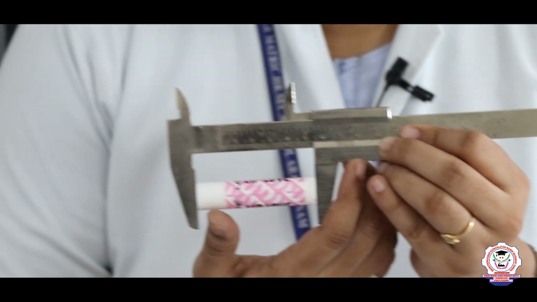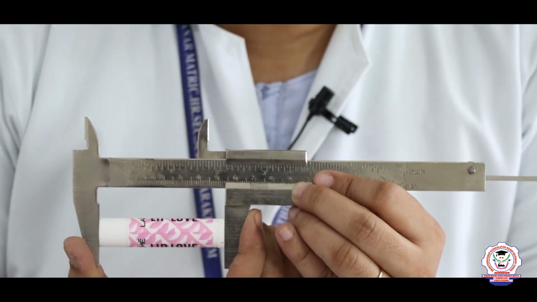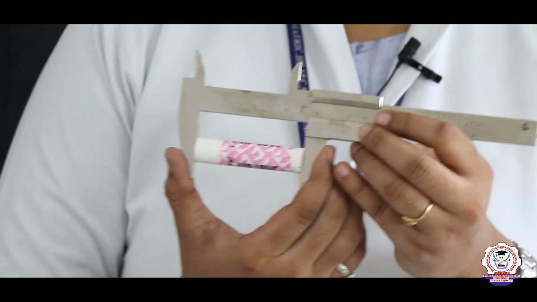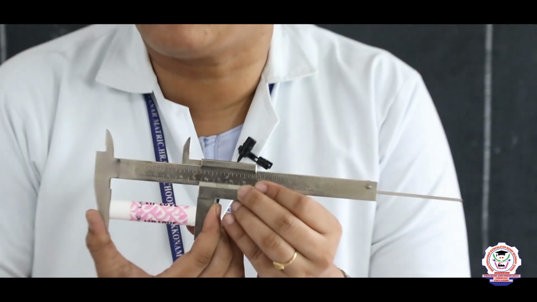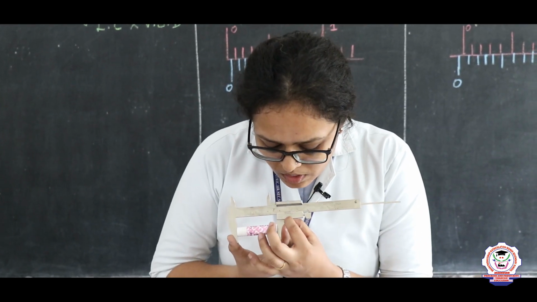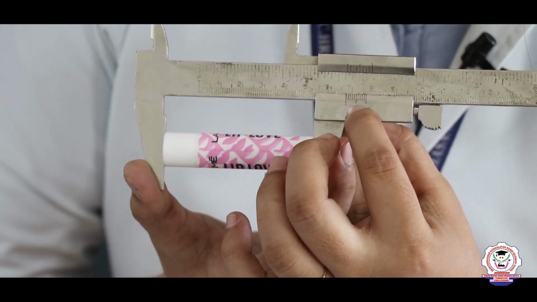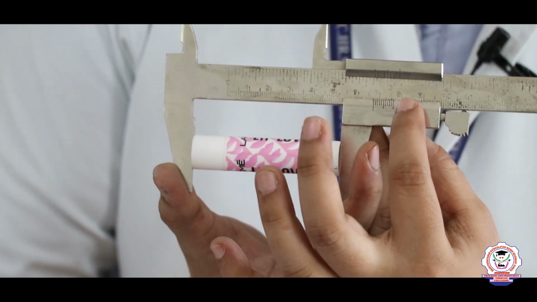So the main scale reading is nothing but the smaller of the two values between which the zero of the vernier scale lies. So now we found the main scale reading. In order to find the vernier scale division, now look for the division among the 10 divisions that coincides with any value on the main scale.